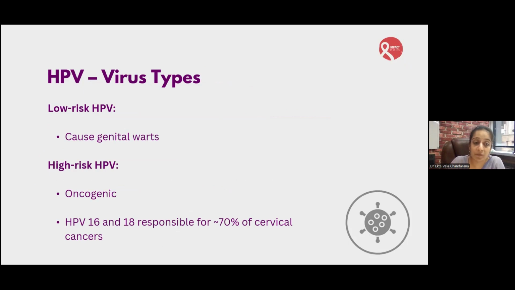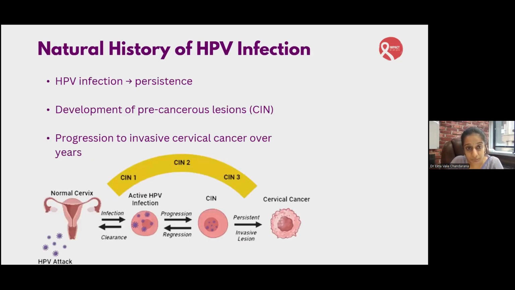So what are the types of this virus? We divide it into low risk and high risk groups. Low risk human papilloma viruses are responsible mainly for genital warts, whereas the high risk HPV viruses are oncogenic, and among them HPV 16 and 18 are responsible for the majority of cervical cancers.